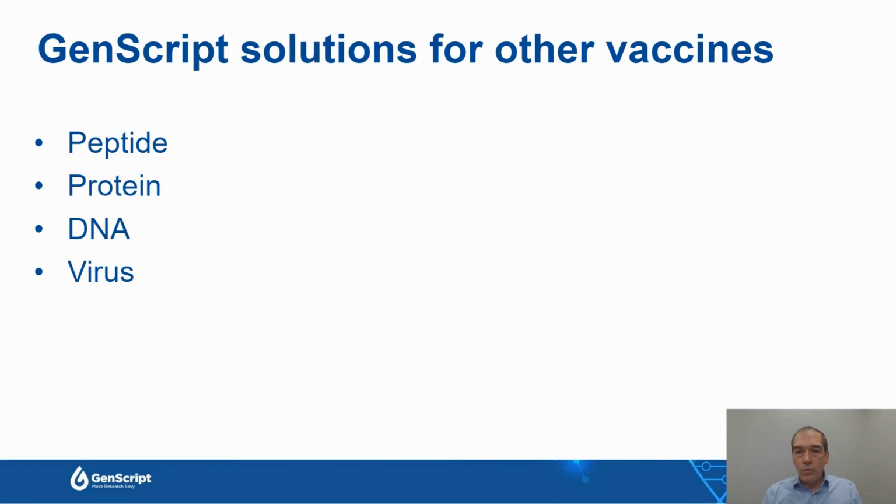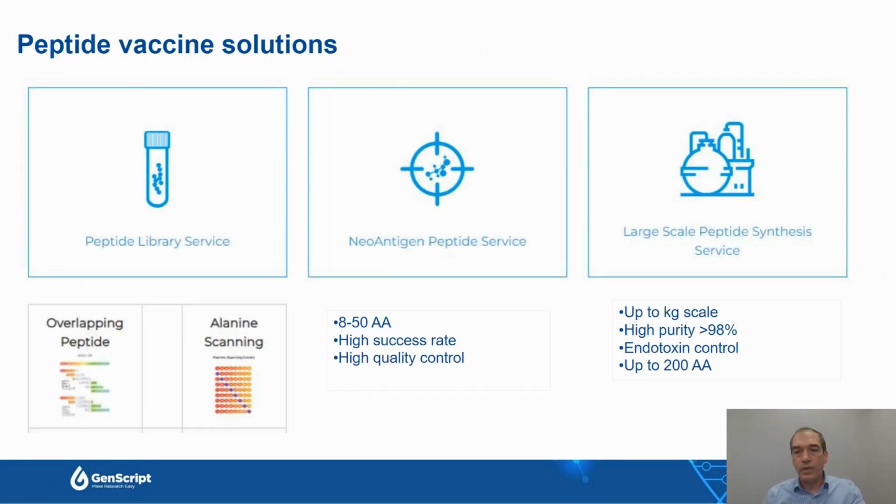I will also very briefly go over the other solutions we offer for other types of vaccines, peptide, protein, DNA, and virus. I will touch mostly on the services and products that I haven't mentioned for the mRNA vaccines. For peptide-based vaccines, we can offer a very wide range of peptide synthesis services.